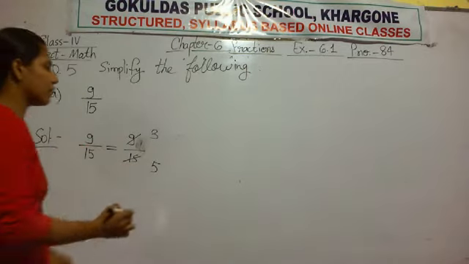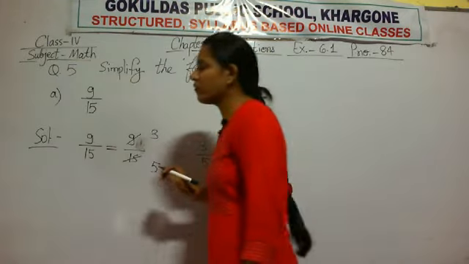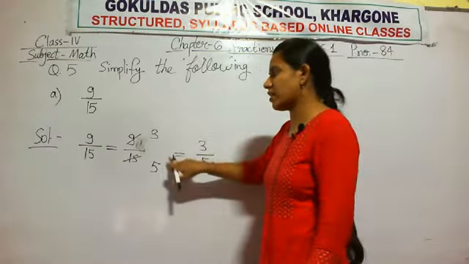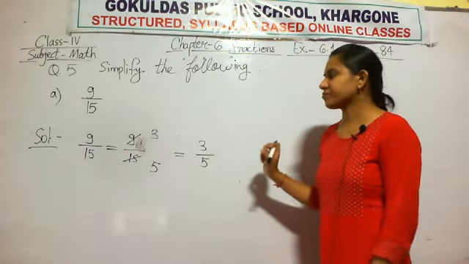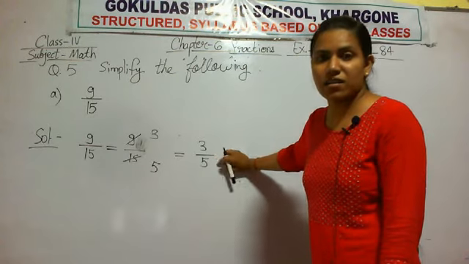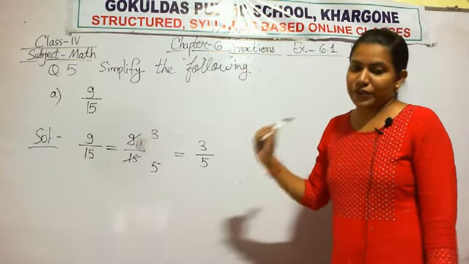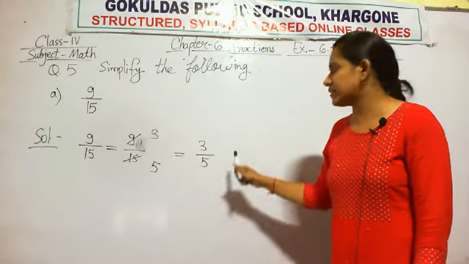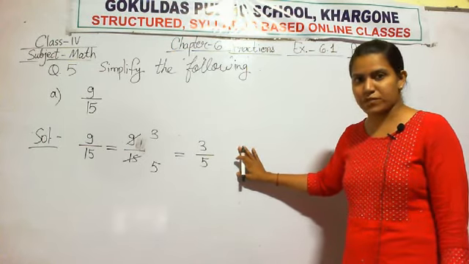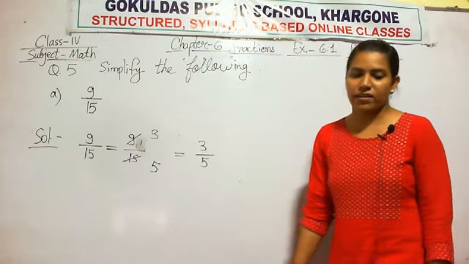So my new result is 3 upon 5. Now both 3 and 5 are prime numbers, meaning they have only 1 as the common factor, so I will stop my dividing process here. So 3 upon 5 is the lowest form of 9 upon 15.